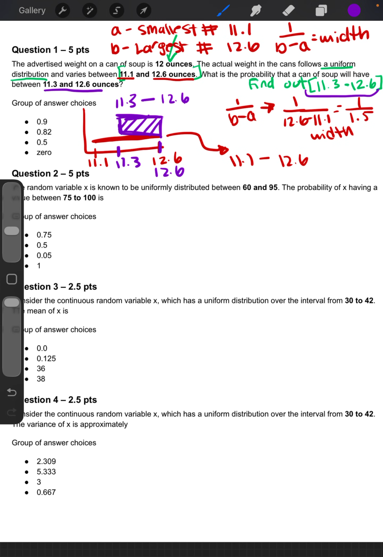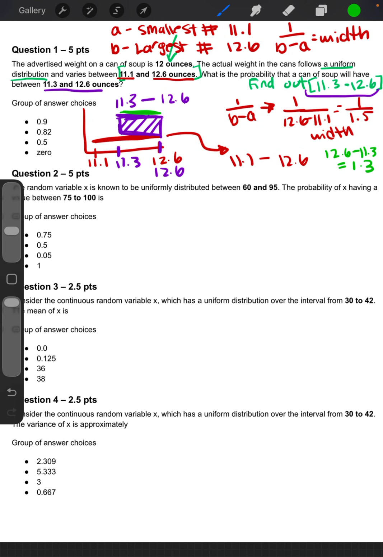And then this is a triangle. So we would have to find the range, and the range would just be 12.6 minus 11.3. That should become 1.3.